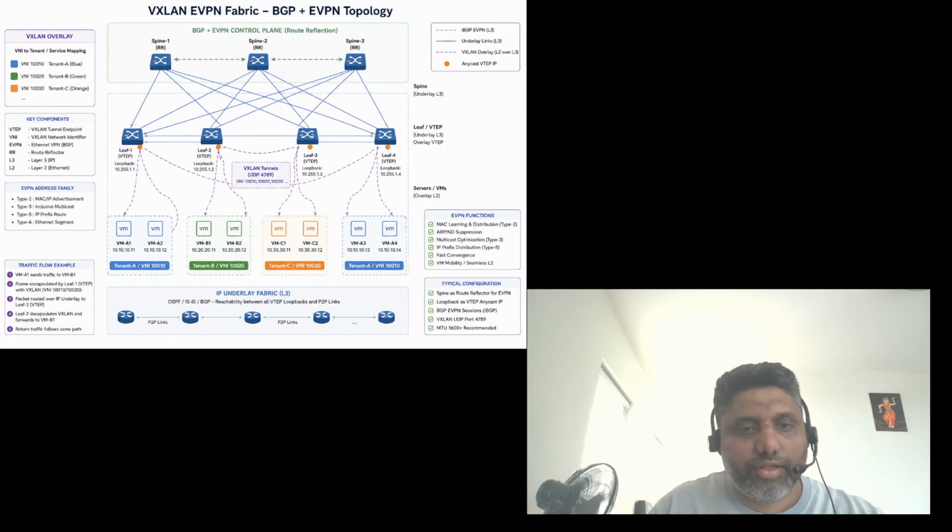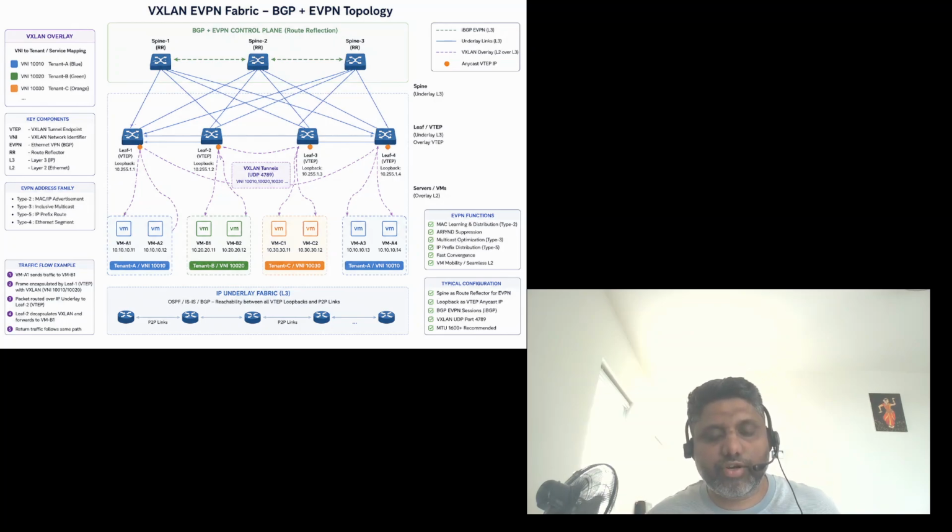So there are two VMs, two tenants, on the same VNI, which is tenant A and tenant A at the end. As you see here, both tenant A's have the same VNI, which means they are on the same local area network, right?